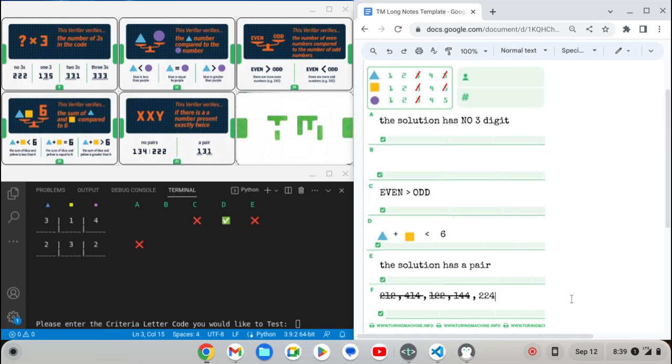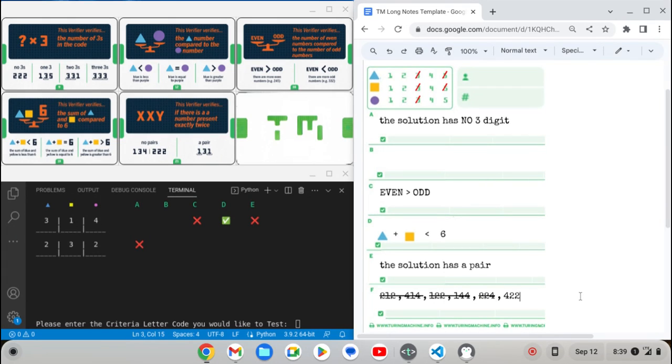2, 2, 4. How about 4, 2, 2? Maybe that's it. Again, I think we can eliminate the others because they meet all the other criteria cards: no 3, triangle is less than. So it looks like the only possibility is 4, 2, 2, because that's the only case we haven't talked about.